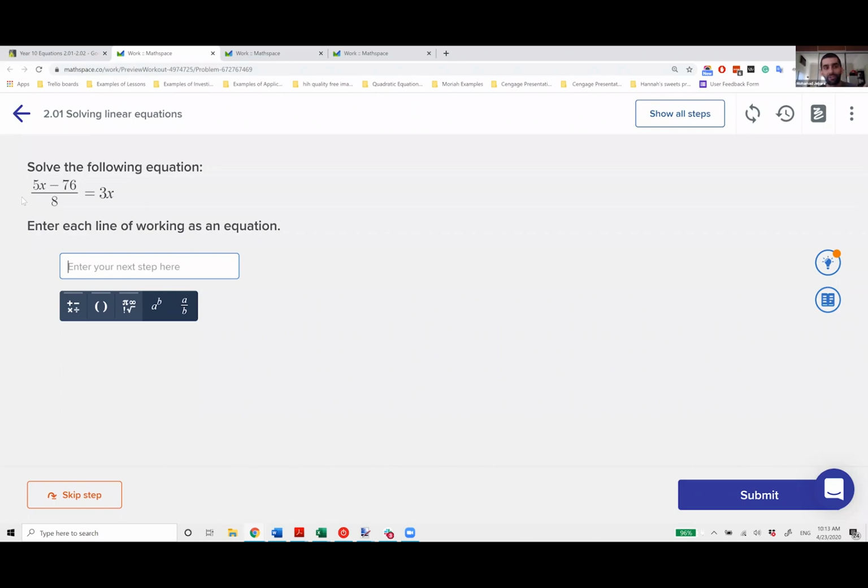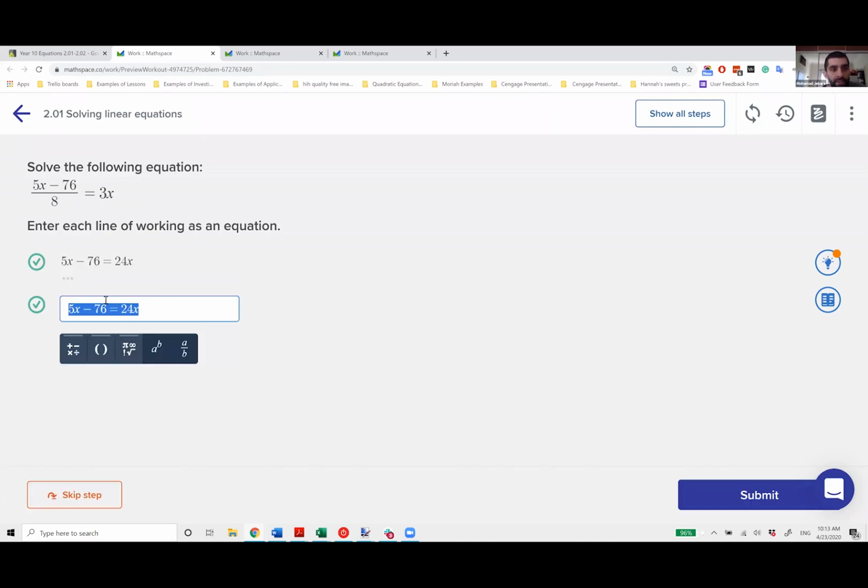We don't want to deal with fractions. They're hard to deal with, right? So to get rid of the fractions, we're dividing all of 5x minus 76 by 8. So let's multiply both sides by 8 to get rid of that fraction. That's going to give us 5x minus 76 is equal to 24x, since we're multiplying the 3x by 8.